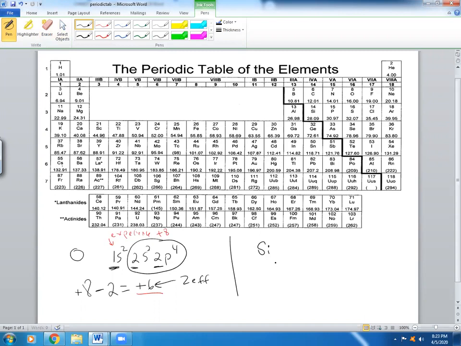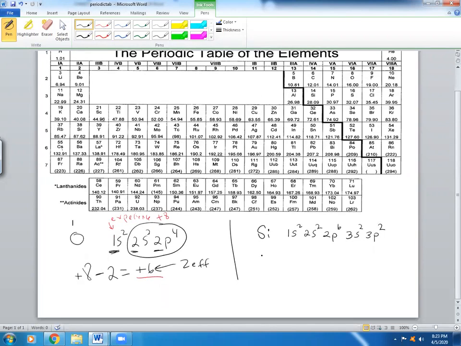You ask yourself, what do I have? If you were to do the electron configuration, it would be 1s2, 2s2, 2p6, 3s2, 3p2.